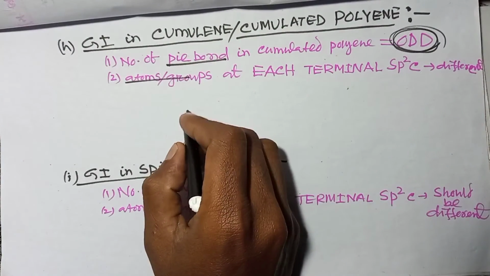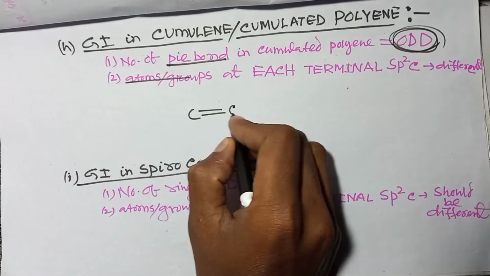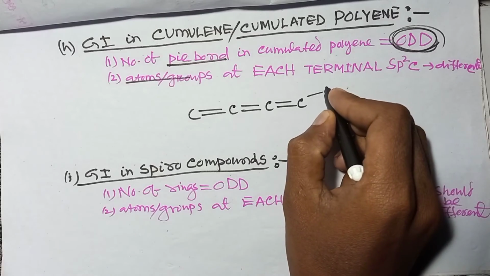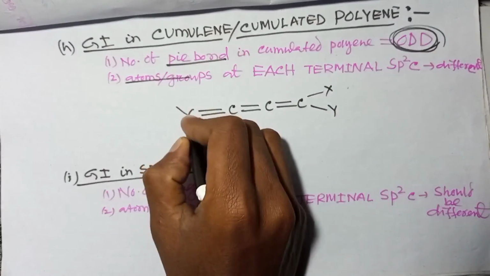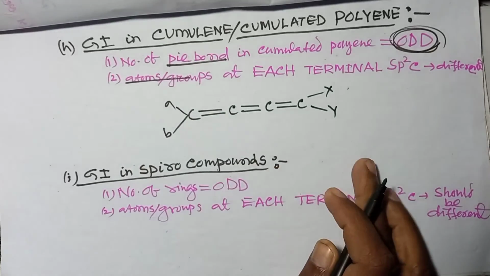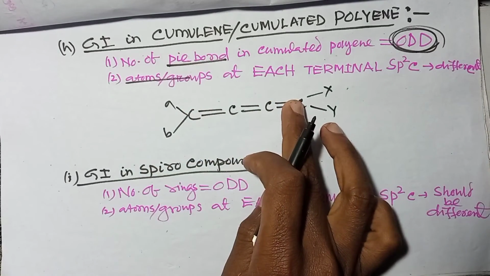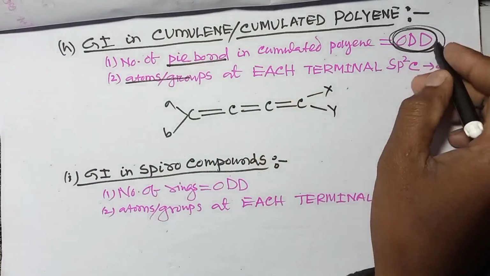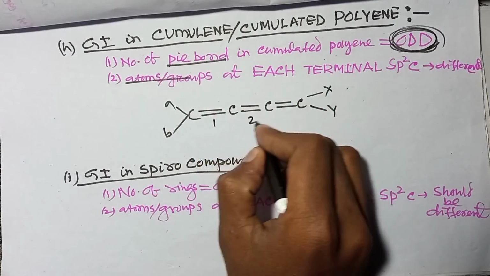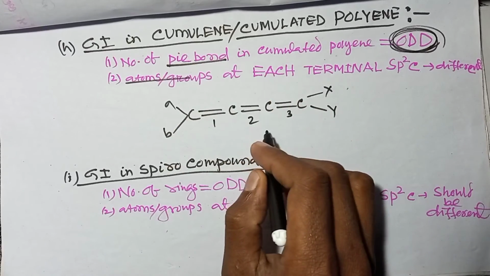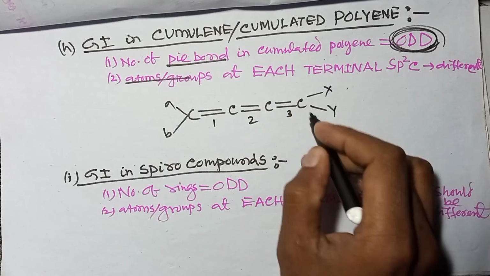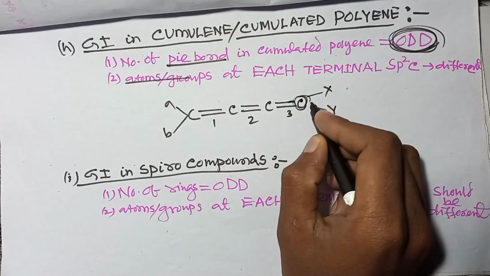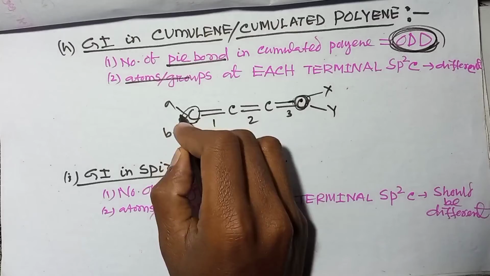So let's say I have a cumulene like this, x and y, let's say a and b. This cumulated polyene should contain an odd number of pi bonds. So 1, 2, 3, this contains an odd number of pi bonds, and the two terminal carbons should be connected to different groups.